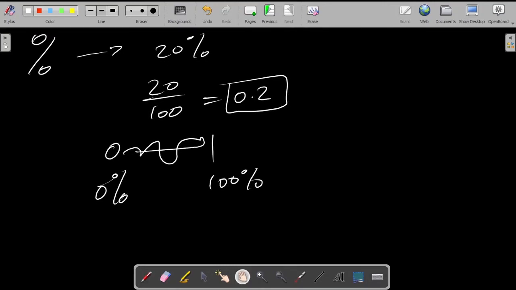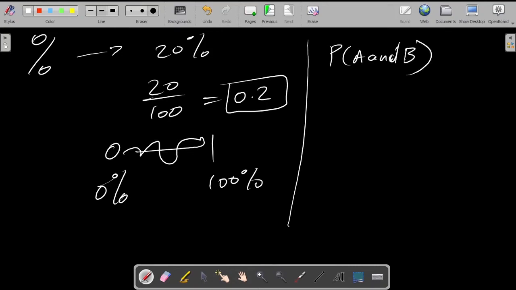And the other thing is basic terminology. They'll always use some sort of words which basically describe what they're saying. You won't always get the notation given to you, but the question can mention the same thing by using words. For this, you'd have both A and B. So the word would be both. That would tell you that you're talking about the probability of A and B happening at the same time.